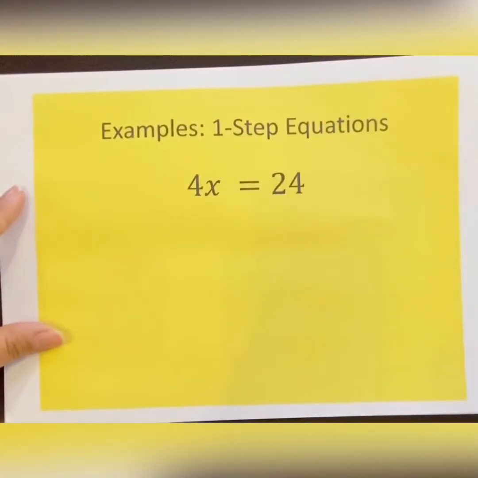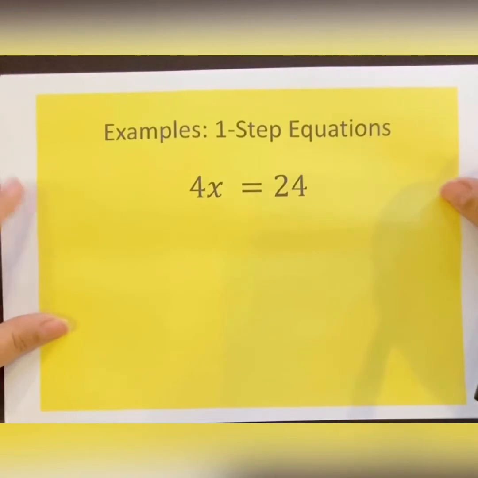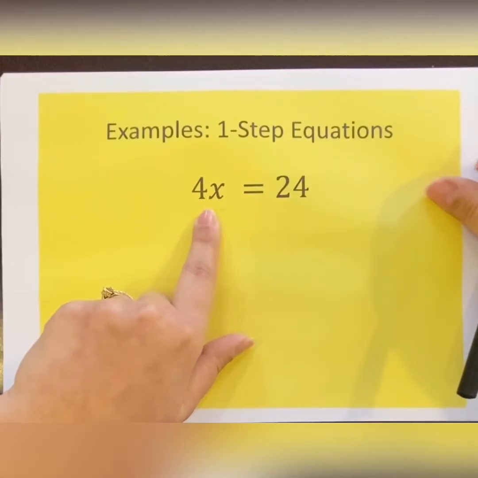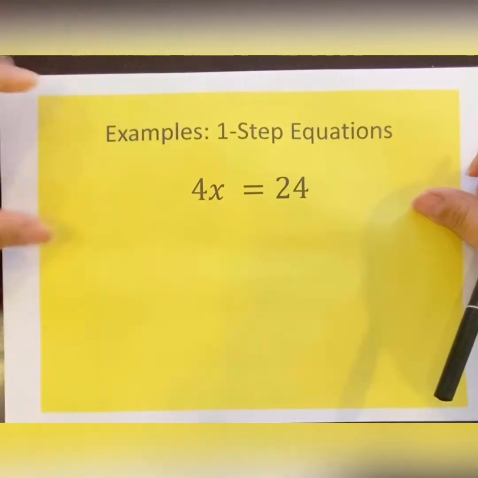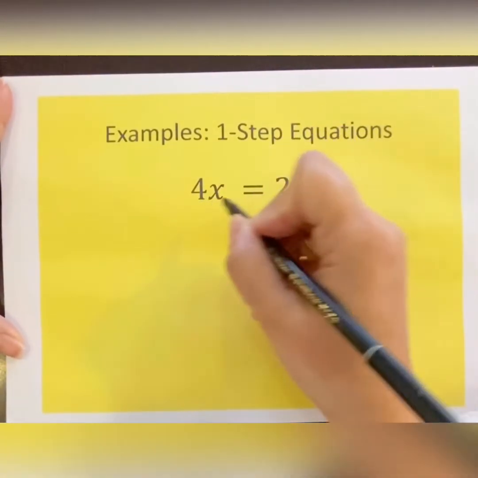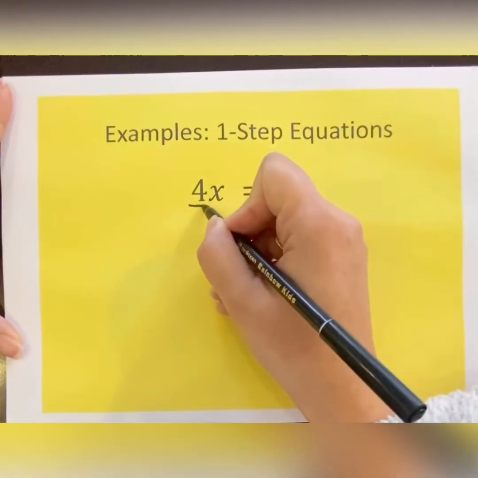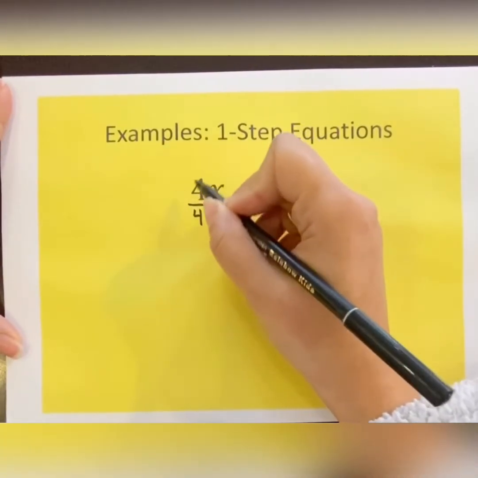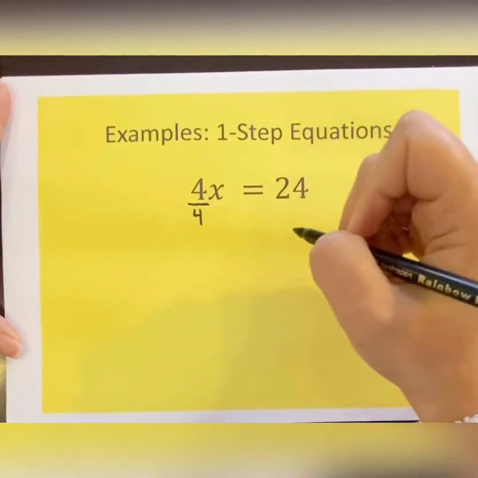I'm going to move to the next example. In here, what is the operation that we have? It's multiplication. In order to get rid of multiplication, what do we have to do? Opposite operation, which is division. I have to divide. So I will divide both sides by 4. And always you have to think of the number that is next or attached to the variable.